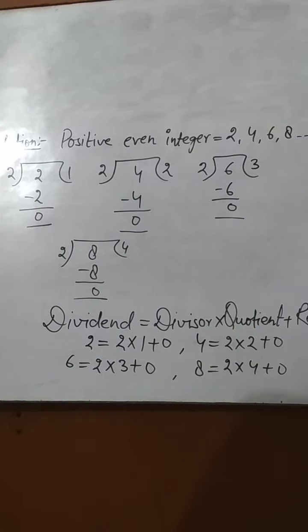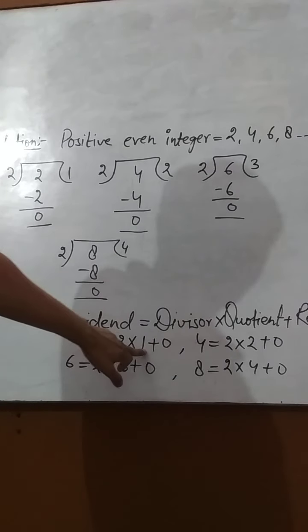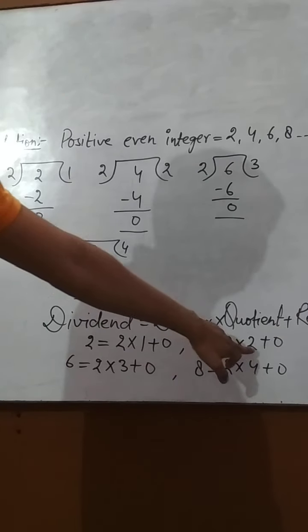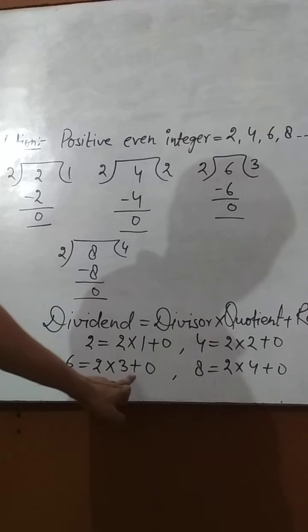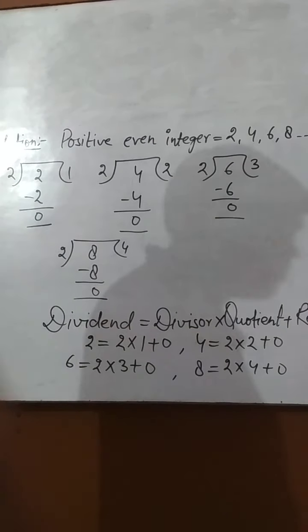Do you observe something? All the numbers have the same form: 2 into 1 plus 0, 2 into 2 plus 0, 2 into 3 plus 0, 2 into 4 plus 0. So all the remainders are 0.